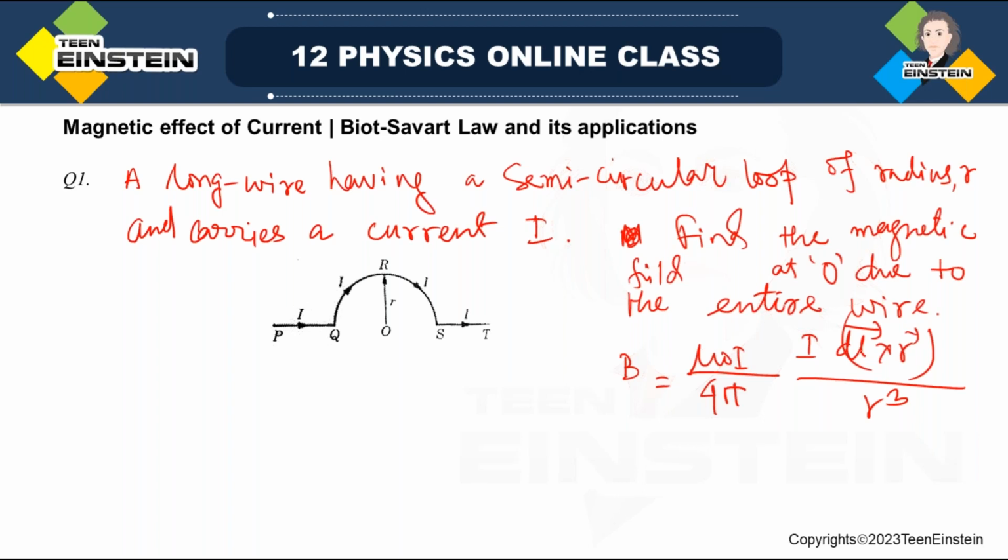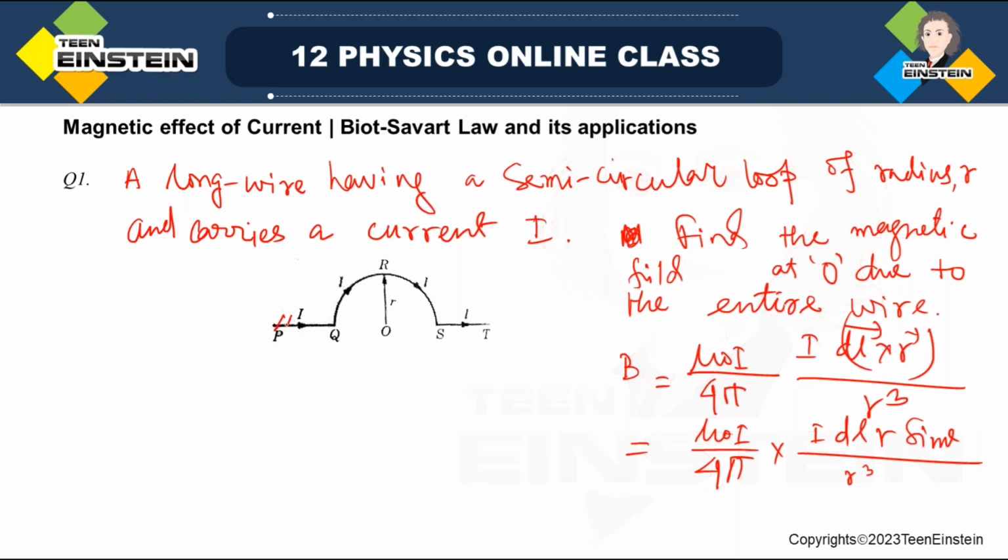So, mu 0 I dl cross r by r cube, or in the form of scalar, we know mu 0 I dl r sine theta divided by r cube. So in this case, look at the sine theta.